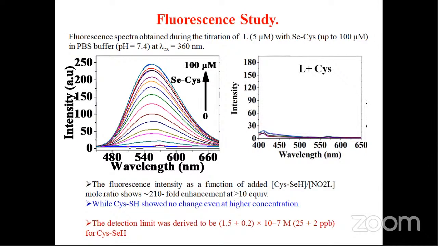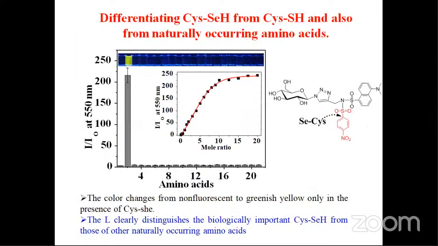That is in the nanomolar range, so we can detect selenocysteine in our biological system. You can see here I have also studied with 20 different amino acids. Only selenocysteine among these 20 amino acids shows the fluorescence intensity and color change, which means you can differentiate selenocysteine among naturally occurring amino acids.